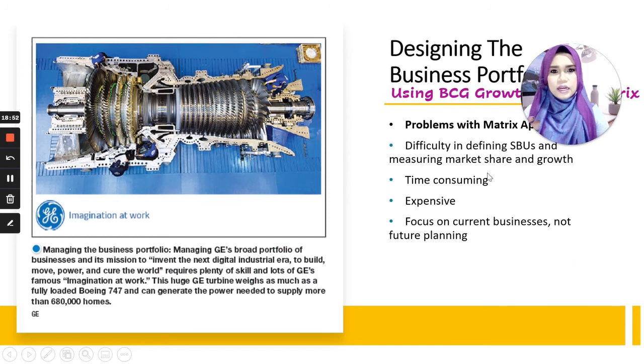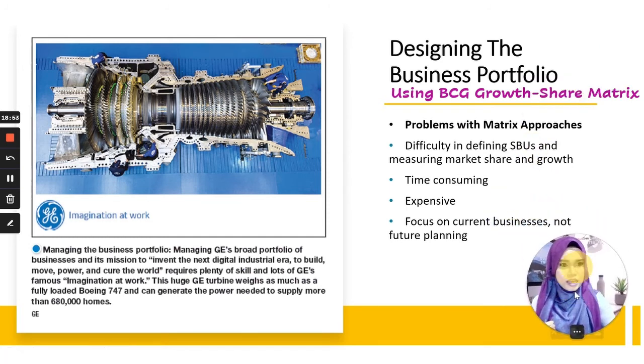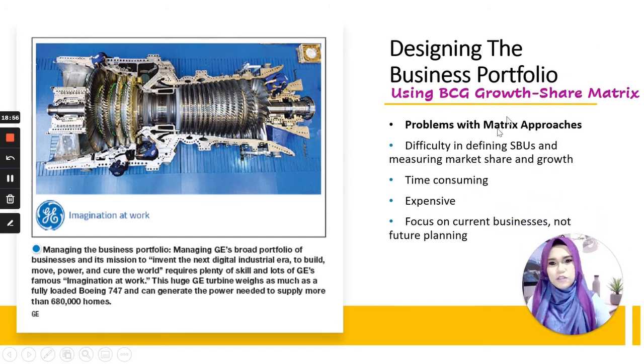Now, again, you will see that it is not easy to do this BCG growth share matrix. There are problems already found in this metric approach, which is difficulty in defining the SBUs and measuring the market share and also growth. How can you be so sure that the market growth is that much?